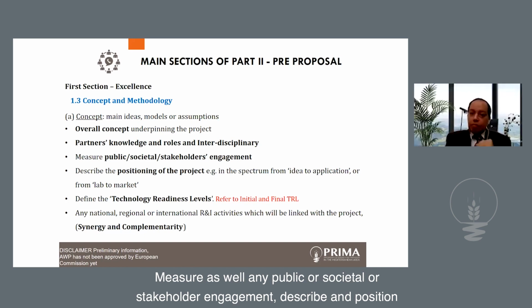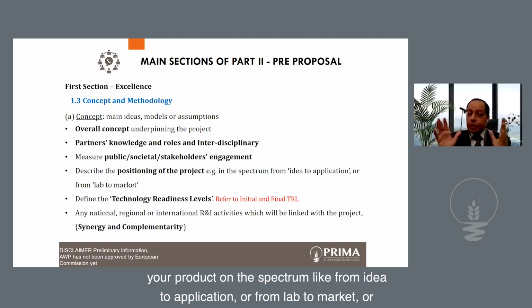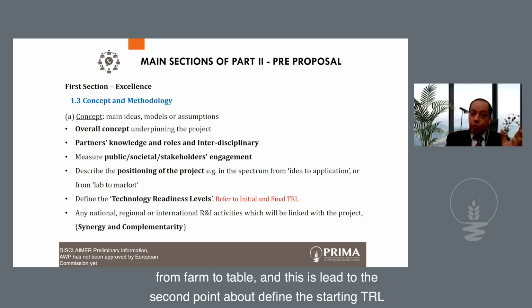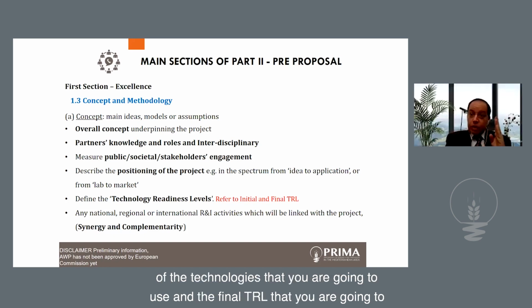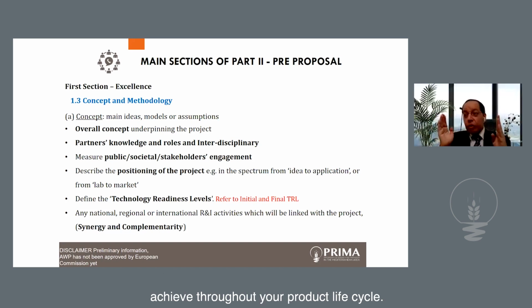Mention as well any public, societal or stakeholder engagement. Describe and position your project on the spectrum, like from idea to application, or from lab to market, or from farm to table. And this leads to the second point: define the starting TRL of the technologies that you are going to use and the final TRL that you are going to achieve throughout your project life cycle.